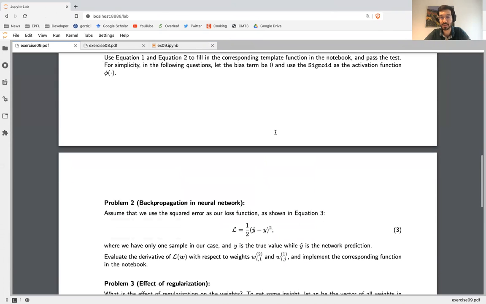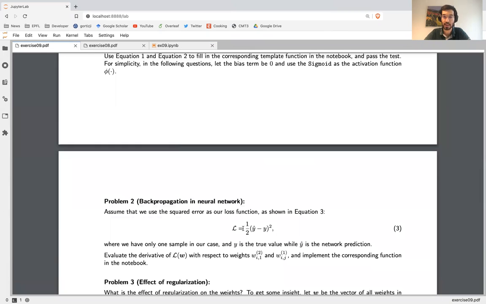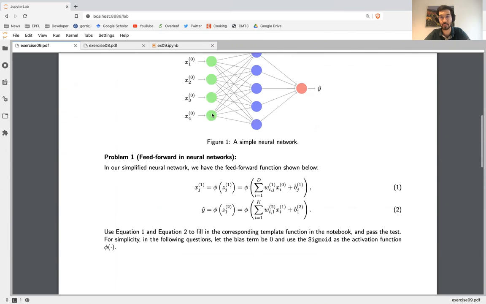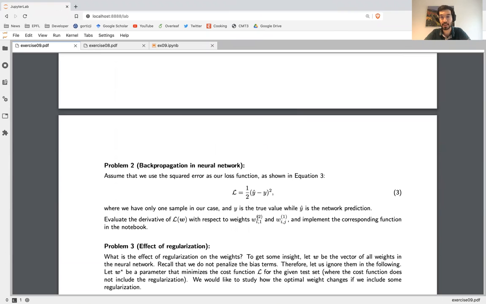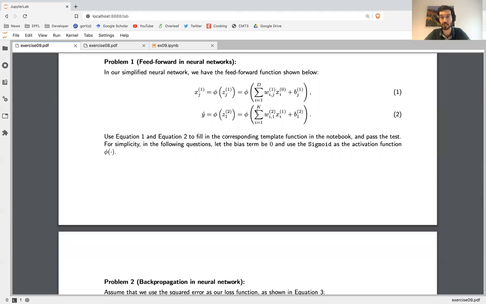The first part of the exercise will consist of you developing the expression for the gradients, first for the weights in the hidden layer, and then for the weights in the first layer, so from the input to the hidden layer, and then from the hidden layer to the output. For doing this, the only thing that you need to do is apply the chain rule. You first take your loss, and y hat is basically the output of your network.